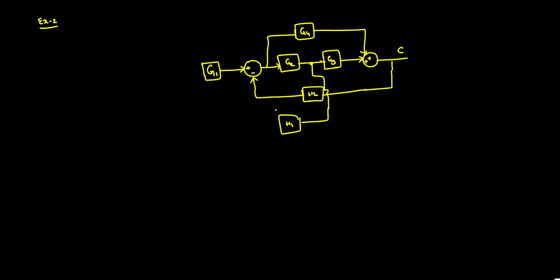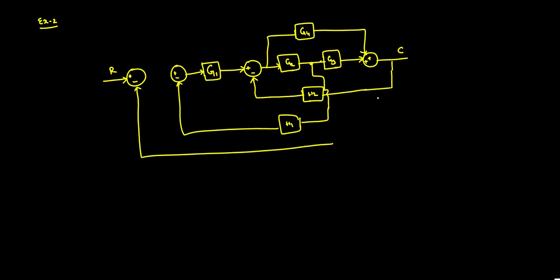This one I will add here, say plus minus, and again one more path I'll take plus minus. This one I'm calling as R. From the feedback path here I'll take directly from here, and this is connected here.